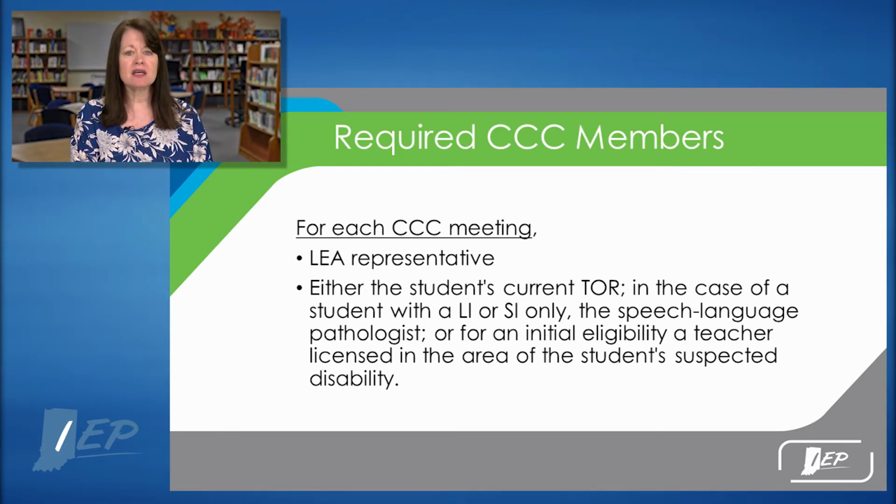That typically is the principal, or it could be the principal's designee. And the principal can designate this authority really to anyone that they feel has the understanding of the whole process and has the authority at this meeting, by having this role, to commit resources.